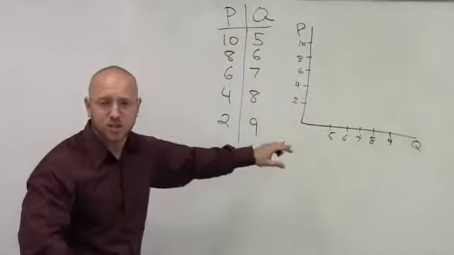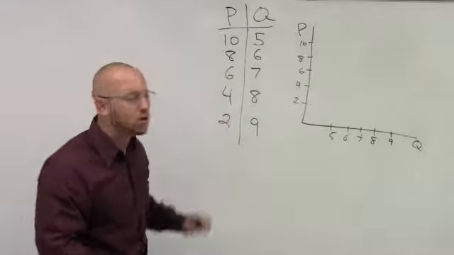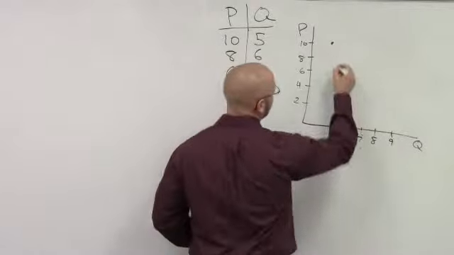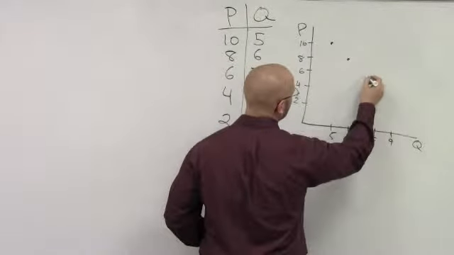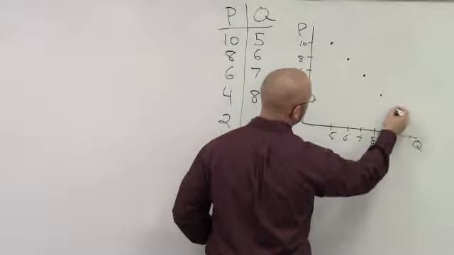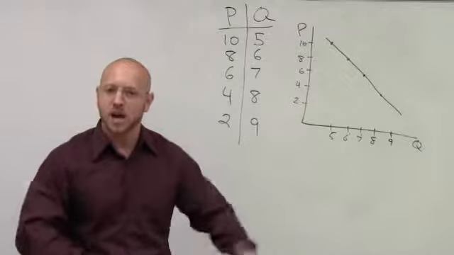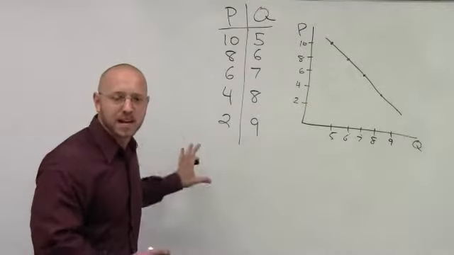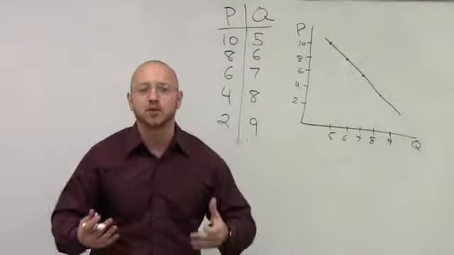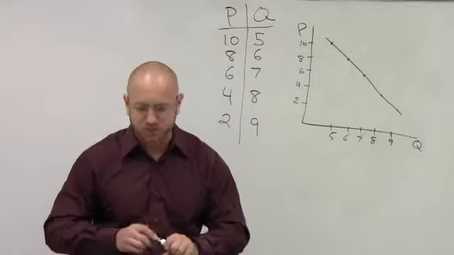Okay, just put my hash marks up here so I know where I'm at on the graph, and I just want to take these numbers and go over to here. Pretty straight, I'd say that's believable, and that's my demand line. Have a demand schedule, a demand line. They both reflect the same information. It's just a different way to look at that information.